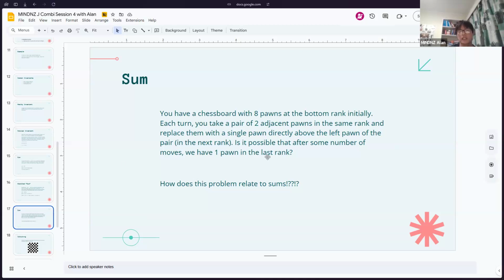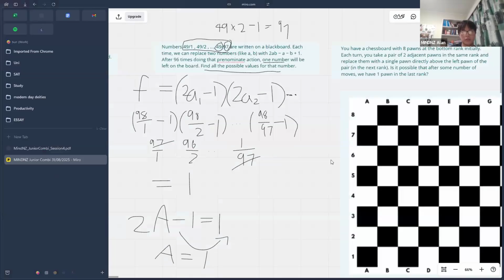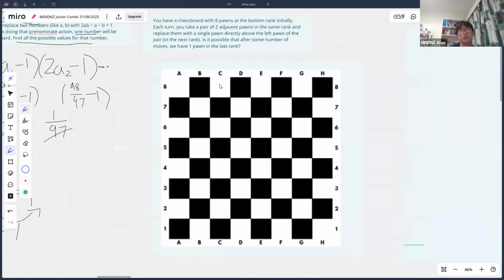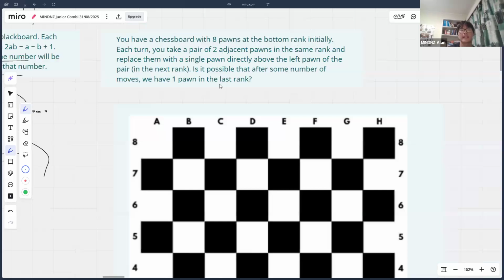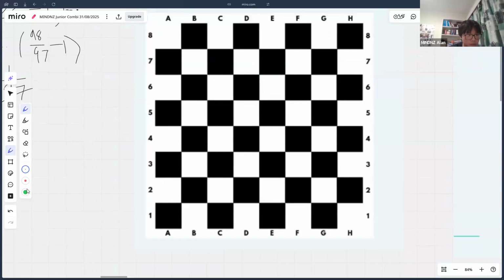So firstly, this looks like some random game that I made on a random chessboard, right? And how will this relate to sums? In these types of problems, we try to find an invariant, but then we're not really given any numbers. So we have to assign numbers. Initially, we have, let's say, 1, 2, 3, 4, 5, 6, 7, 8.